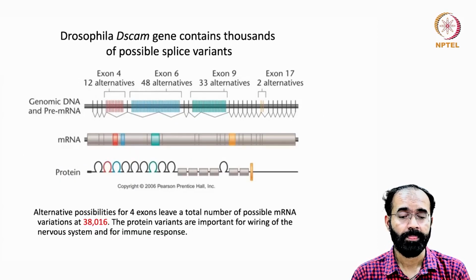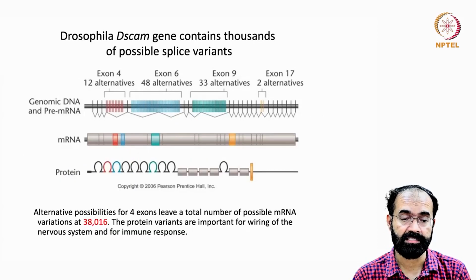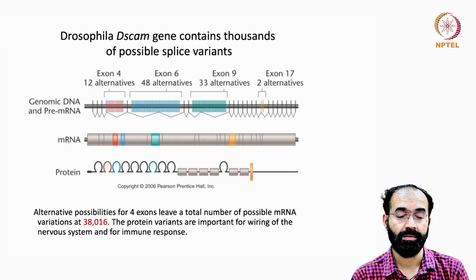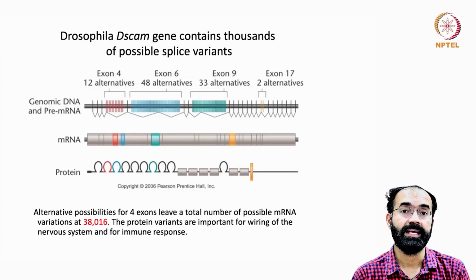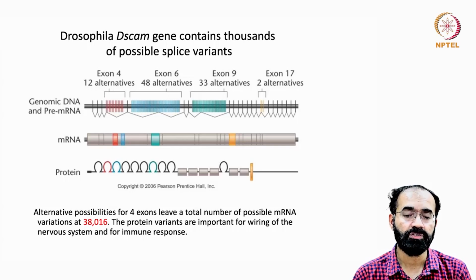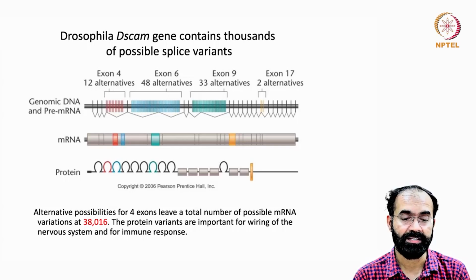And let us see a real classic example from Drosophila, the gene DSCAM. What is DSCAM? Drosophila Down syndrome cell adhesion molecule. That is the DSCAM gene. It contains thousands of possible splice variants.